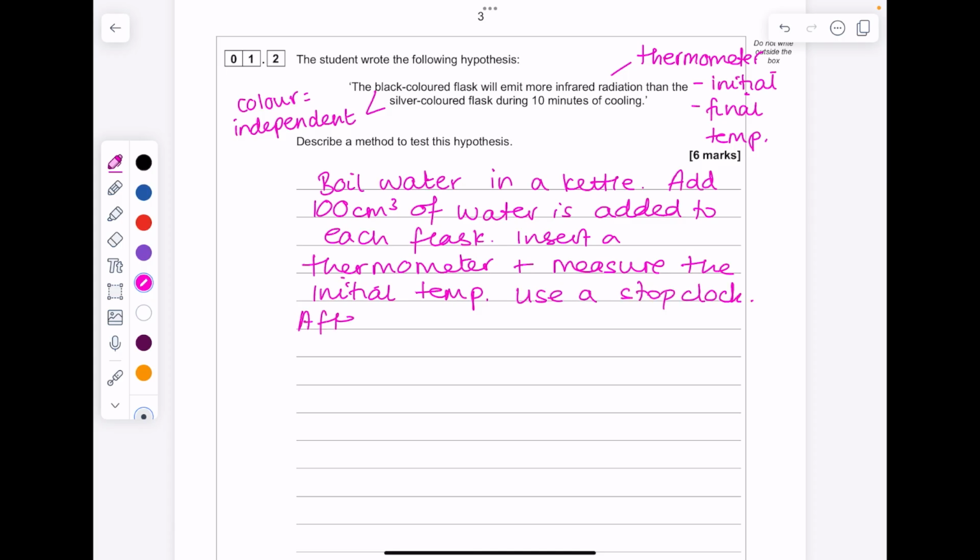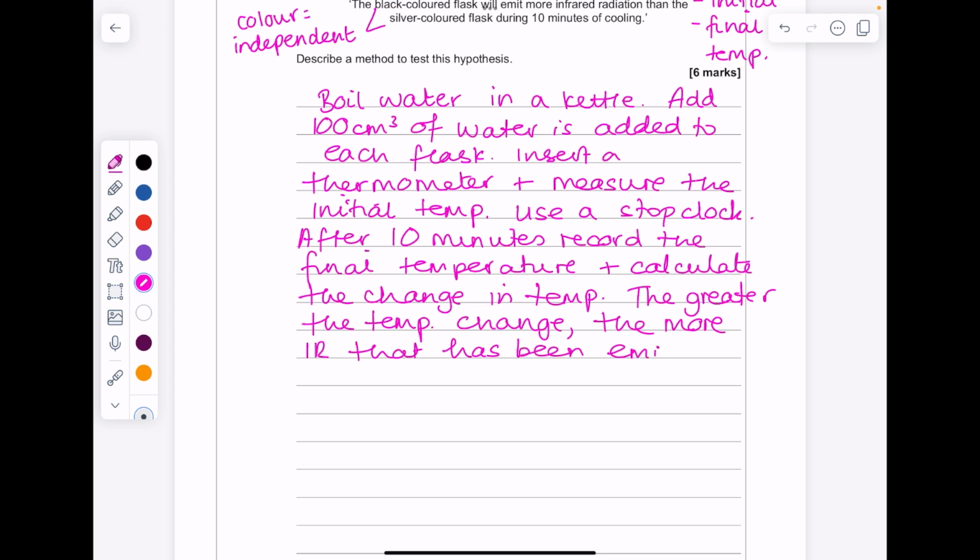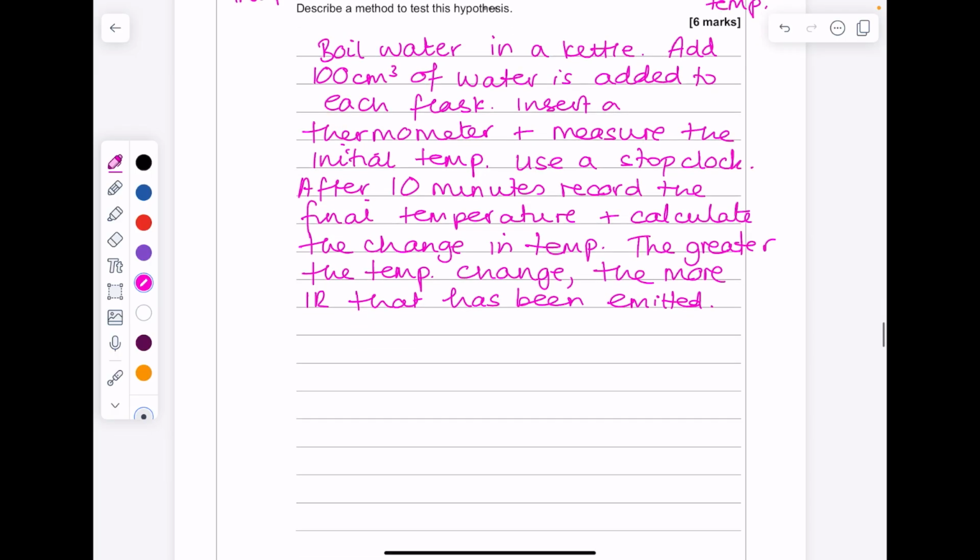After 10 minutes, record the final temperature and calculate the change in temperature. We can infer here the greater the temperature change, the more infrared radiation that has been emitted. So we're really testing our hypothesis. And as always, we want to repeat and calculate an average.